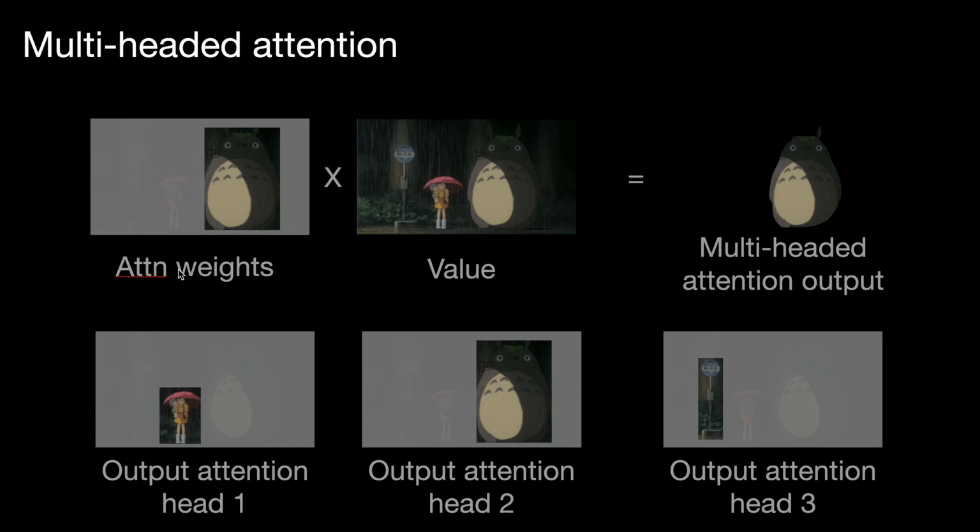Well, the attention weights basically create a mask, right? Once you multiply it by the value, again, the value is an encoded version of the input sequence, so it's a slightly modified input sequence, but you can think of it as the input sequence. So if I multiply the attention weight by the value, then the output of a multi-headed attention is simply the thing that I want to pay attention to, and it will mask everything else.